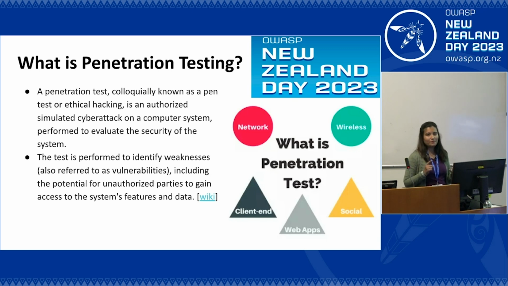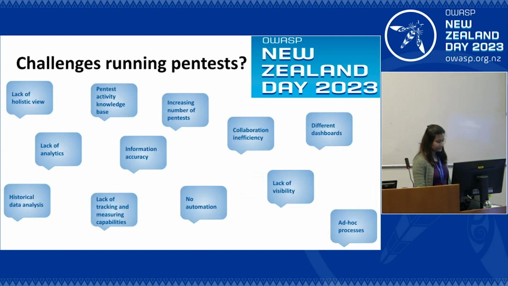You could perform pen tests on networks or your wireless WANs, your thick clients, your Dockers, web apps, or you could also do some social engineering attacks. This activity in general is called a pen test, where you attack your systems from various ends, but you just simulate the attacks, you don't necessarily damage anything, and then you observe the actions.